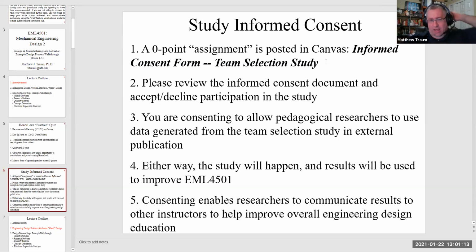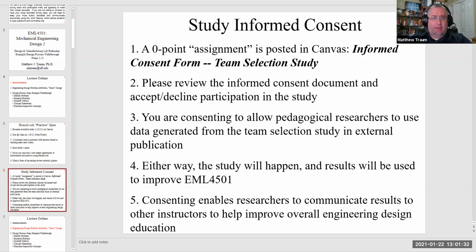So those 3 different treatments will be assigned to the different sections, and we'll run the study just by looking at the final artifacts that come out of the major design team process and see if there is any effect by how the teams are formed in the beginning on what the outcomes are.